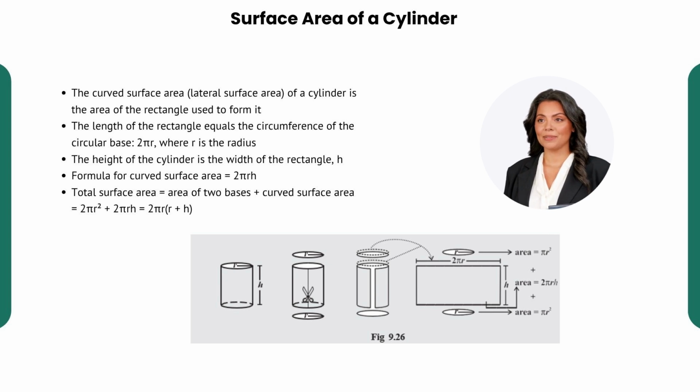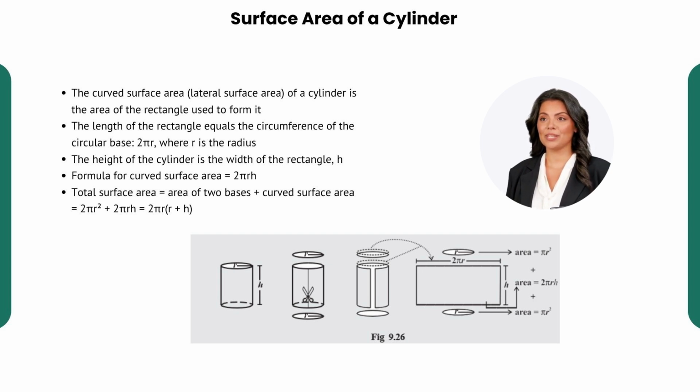So, the curved surface area is just the length times the width of that rectangle, which is 2 pi r times h. Adding the areas of the two circular bases, each pi times r squared, gives the total surface area. That is, 2 pi r squared plus 2 pi rh.